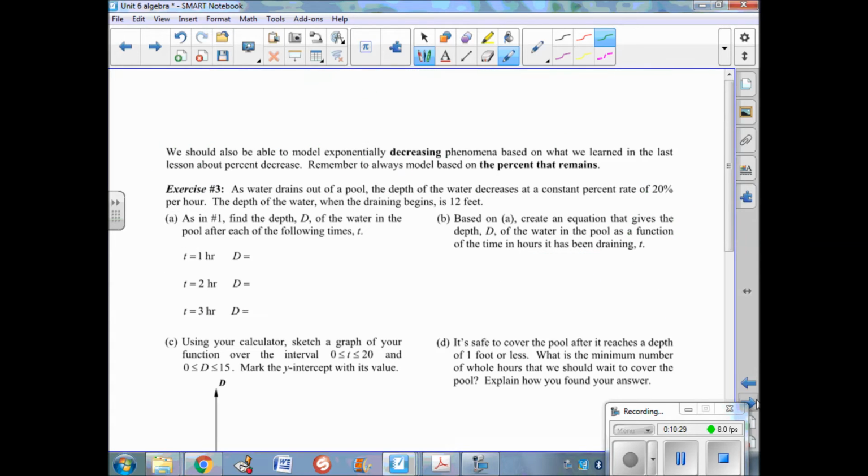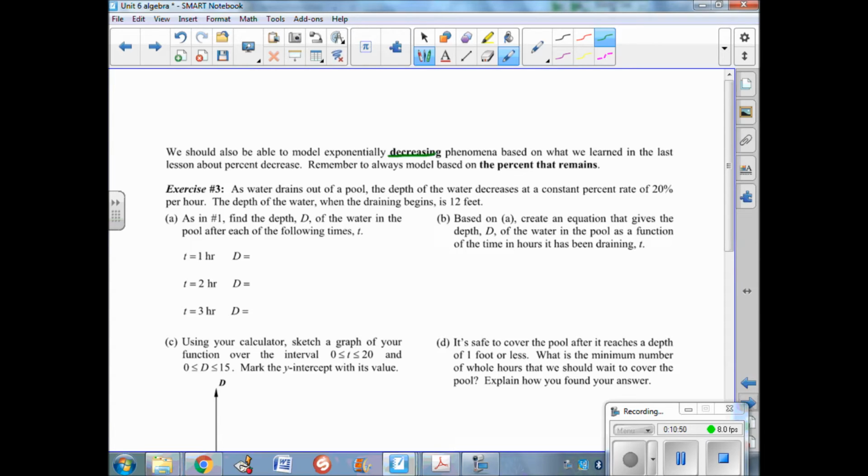Go ahead and flip the page. It says we should also be able to model exponential decreasing phenomena based on what we learned in the last lesson about percent decrease. So remember to always model based on the percent that remains.